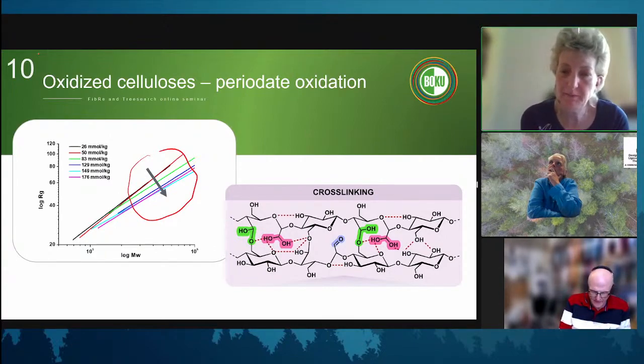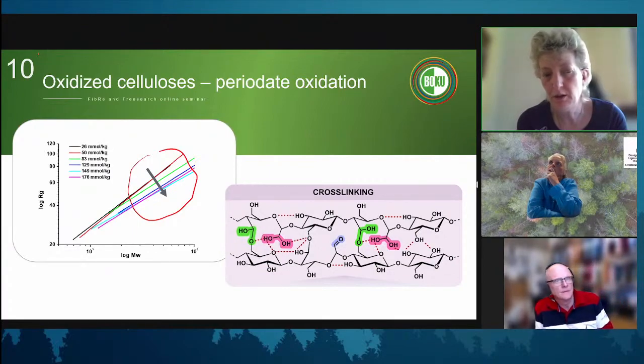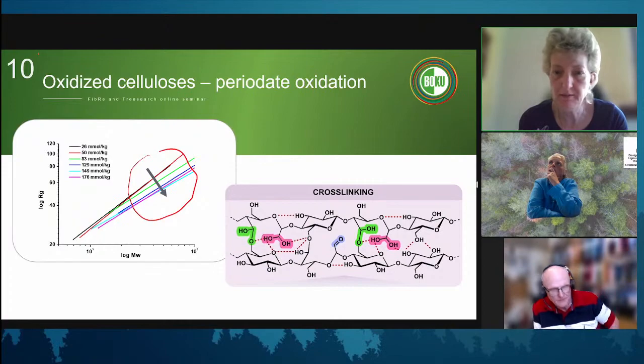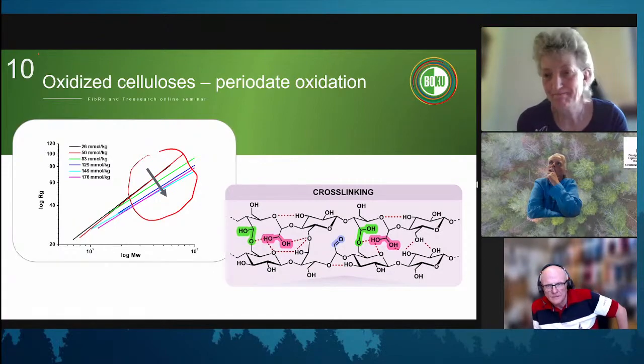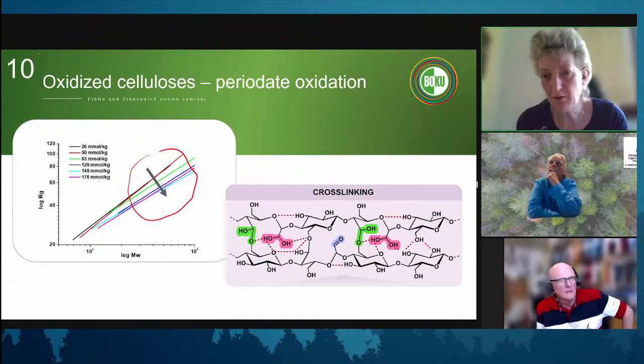Do you dare to speculate why this happens? Well, I mean, maybe that's the same as what we see on the molecular level, cross-linking. Yeah, that's one of the hypotheses we addressed. But since you have a CNF, it can't really shrink, can it? I mean, shrinking is the opposite of swelling. So swelling is the interaction with water.